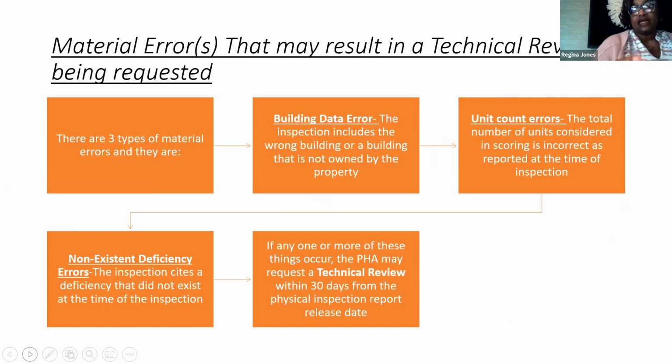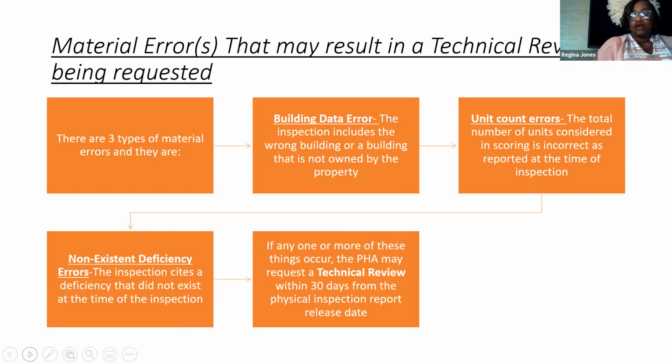You may have a building data error, and the inspection report may include the wrong building or a building that is not owned by the property. You may have a unit count error, meaning that the total number of units considered in scoring is incorrect as reported at the time of the inspection.